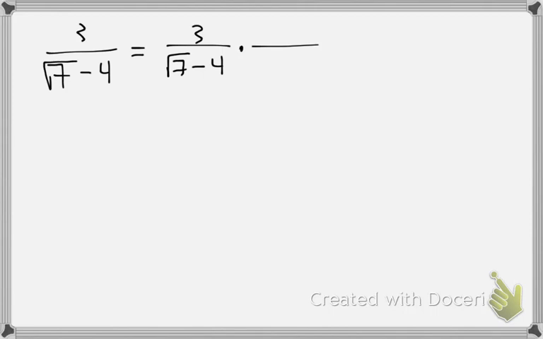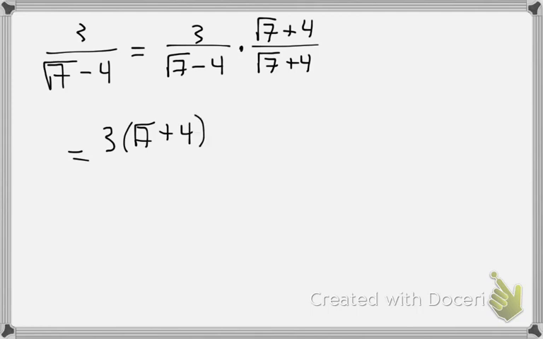So the key, it's not reciprocal, it's conjugate. What if I multiply the top and bottom by square root of 7 plus 4? Then up top, that's 3 times square root of 7 plus 4. I didn't even actually multiply it out, I just left it there.